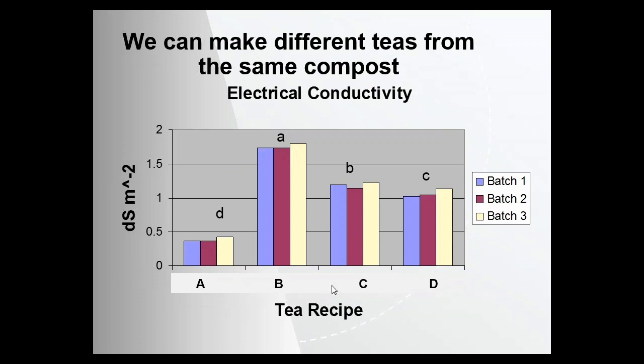And so we're seeing dramatically different results from the same compost based on what went into that batch and how they were brewed. This is another factor that you can check at home that would allow you to know whether or not your compost tea is consistent. There's several simple pieces of equipment out there. You can get an electrical conductivity meter. You can also use a hydrometer to check salt concentration as well.